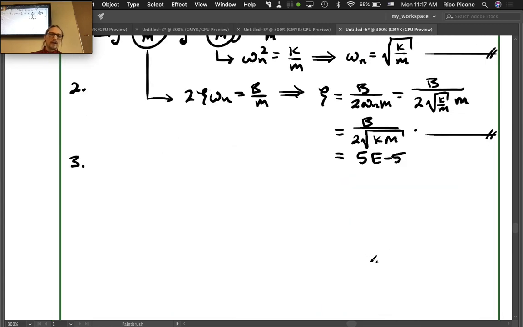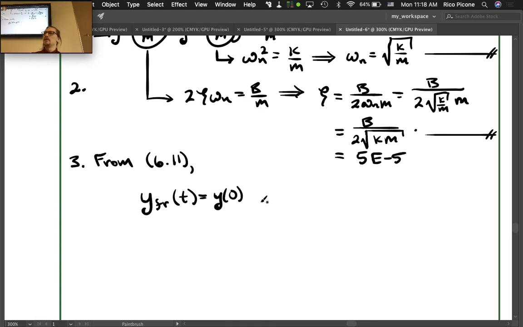from 611, we have that y free of t is equal to y naught, which is 10 nanometers. I'm just going to leave it as y of 0. We know that's 10 nanometers, but we don't really want to write that out. It's just so hard.